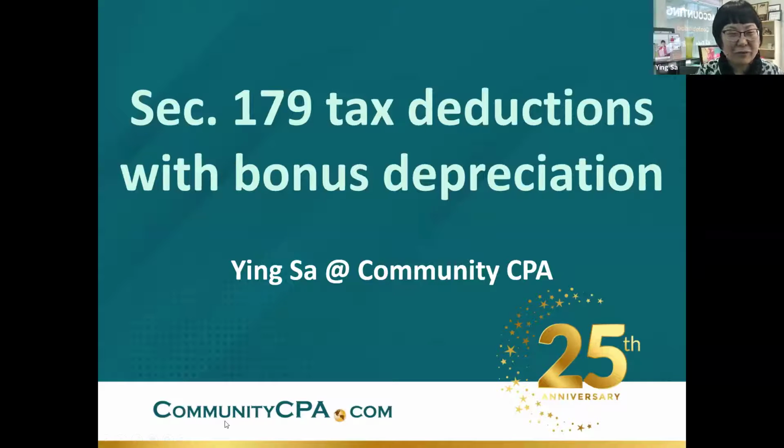So that gives you those two buzzwords, 179 and bonus. And it is really not that strange. Because English is my second language, a lot of times some words in English don't really register with me.